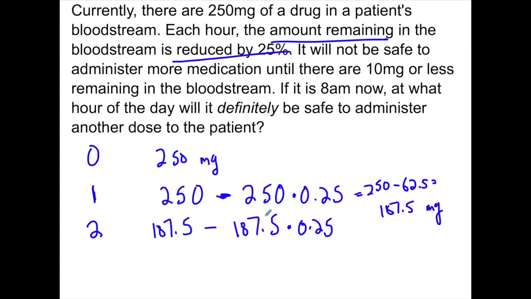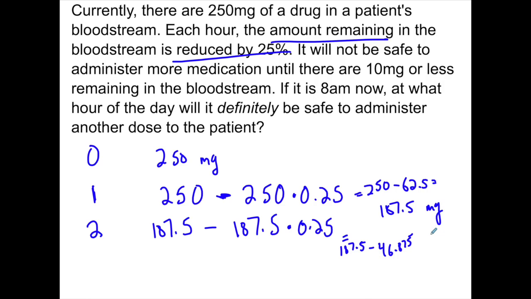So when we do it like this, and if we can calculate it, 187.5, if we take a quarter of 187.5, it is not nice at all. Because since this has 1 decimal place and this has 2 decimal places, right, it really makes things nasty. As it turns out, it's 187.5 minus, get ready for this, 46.875.